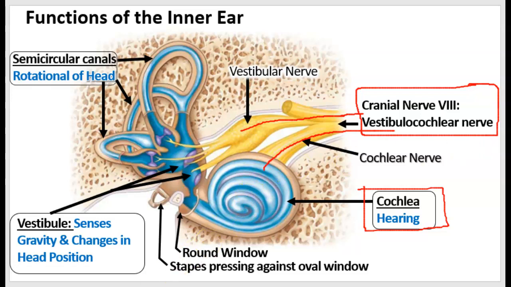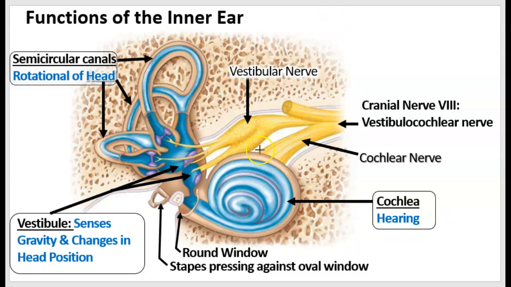Now, the vestibule is kind of interesting because the vestibule also has specific hair cells. Not only is it a location where the stapes presses on this fluid that's right here, but there are sensory hair cells in the vestibule proper, and they're labeled as purple here.